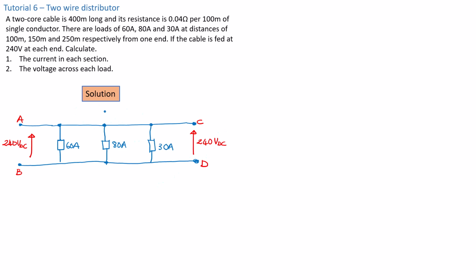Now we can complete our circuit by adding other critical information. The total distance of this cable is 400 meters, so our network has a total length of 400 meters.